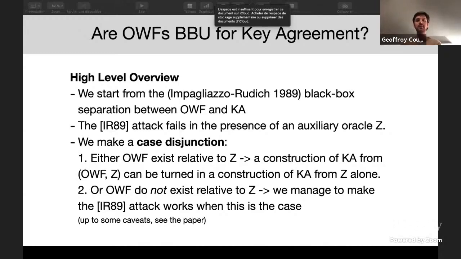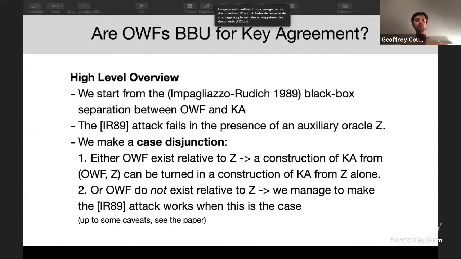So we start from the Impagliazzo-Rudich black box separation between one-way functions and key agreement. We observe that this attack, which is an attack against any key agreement that builds on one-way functions in a black box way, fails in the presence of an auxiliary oracle. However, the crucial idea is that we can make the following case distinction. Either one-way functions exist relative to this auxiliary oracle Z. Then that means that we can build our one-way function from Z in the first place, so we don't need the one-way function in our black box construction, and Z already implies a key agreement.